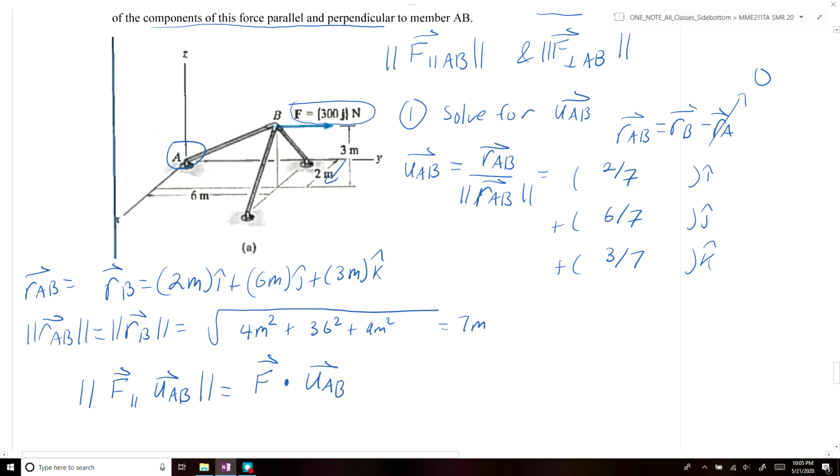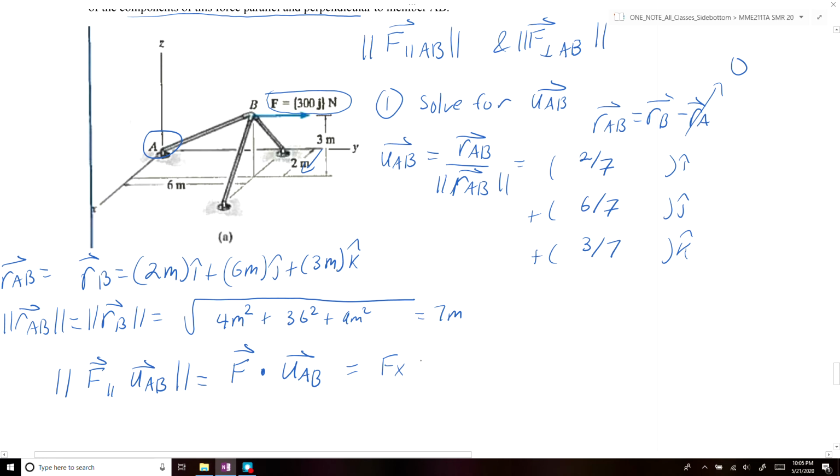The dot product between two Cartesian vectors is equal to the x components multiplied together, so it would be F of x times 2/7, which is the x component of UAB, plus F of y times 6/7, which is the y component of the unit vector UAB, plus F of z times the z component of UAB.